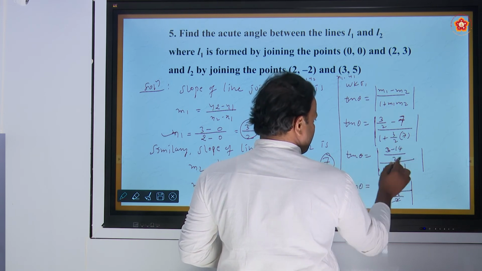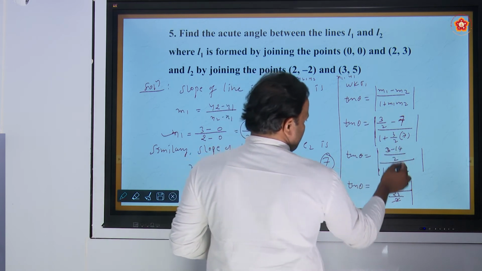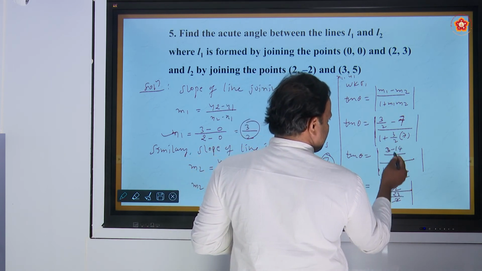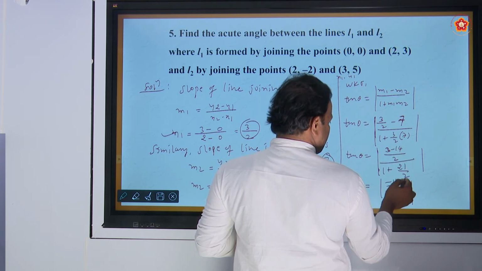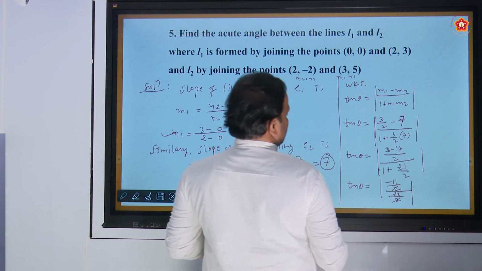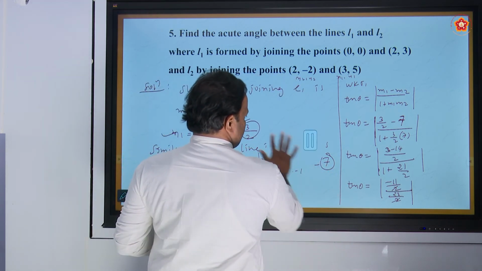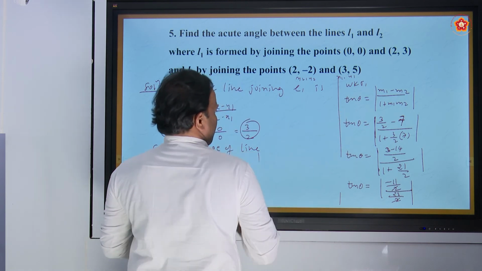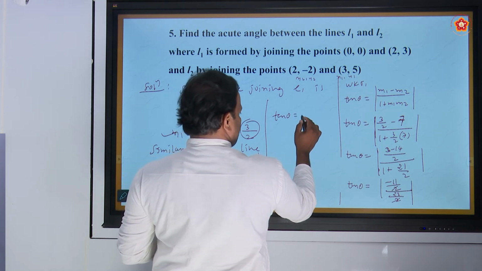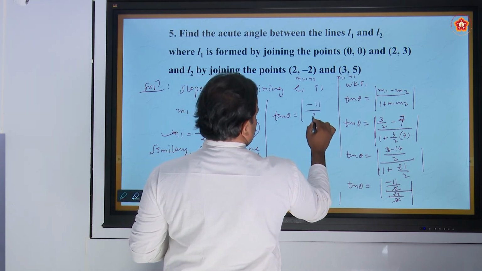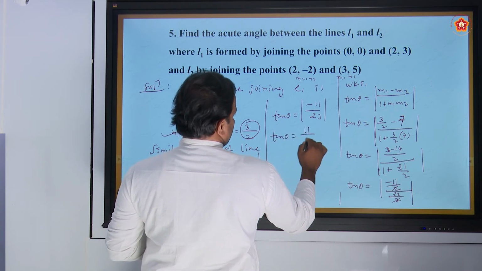The LCM is 2 in both, so the 2s get cancelled. 2 plus 21 is 23, so minus 11 by 23. Tan theta is equal to 11 by 23, taking the modulus.